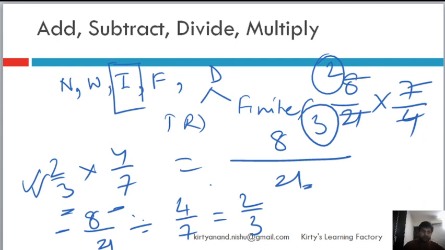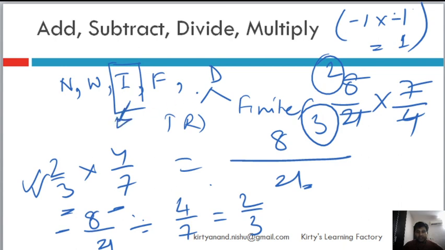We understood the concept of minus 1 into minus 1. If you've forgotten, we studied minus 1 into minus 1 equal to plus 1. Why and how does it happen? So I have explained this in the integers tutorial. So you go to the integer tutorial, multiplication and division of integers. In that tutorial I have explained in detail.